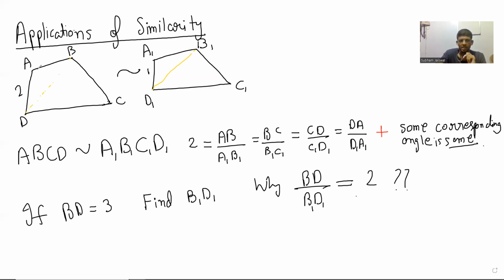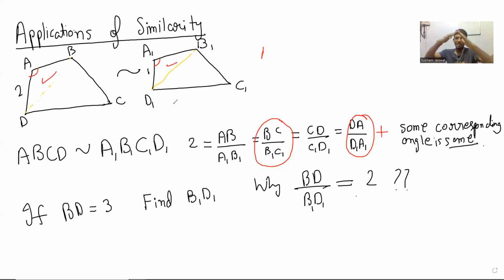Come on. So these two are similar triangles, right? We know that this angle is equal to this angle, right? And it is written here that AD by A1D1 is equal to BC by B1C1. So aren't these two triangles similar?